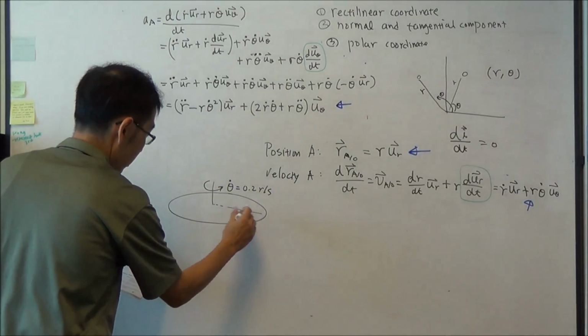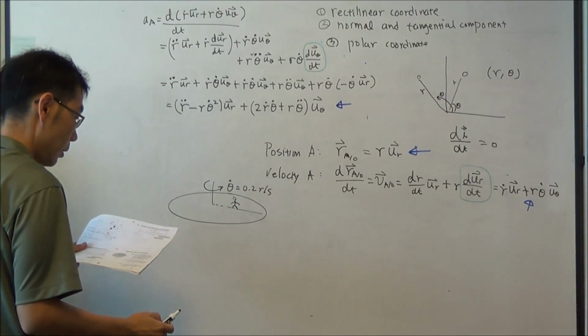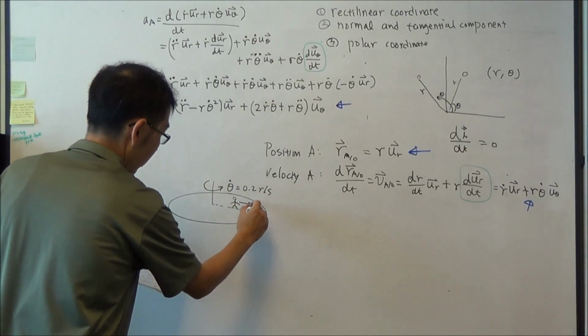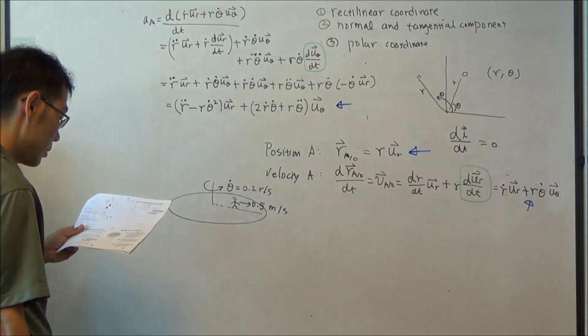And some person is on top of the plate, and he's running outward from the center at 0.5 meter per second.